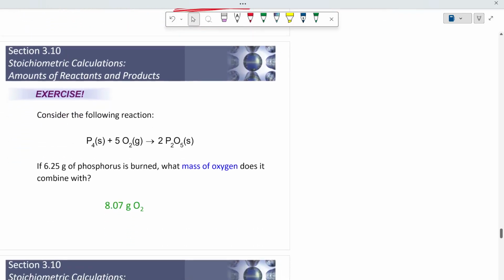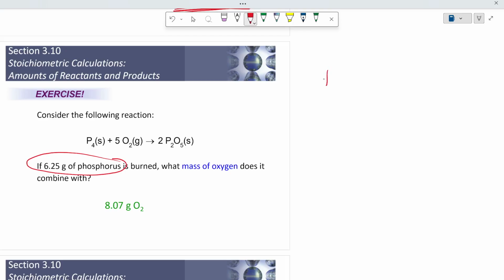Let's take an example. Consider the following reaction: P4 plus 5O2 produces 2P2O5. The equation is balanced. If 6.25 grams of phosphorus is burned, when we read this statement, we conclude that for phosphorus, which is P4, we have the mass.